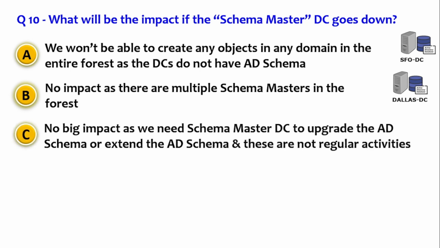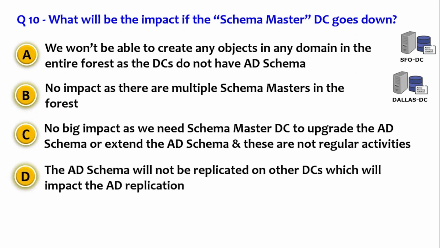C, no big impact, as we need the schema master domain controller to upgrade the Active Directory schema or extend the Active Directory schema, and these activities are not regular activities.